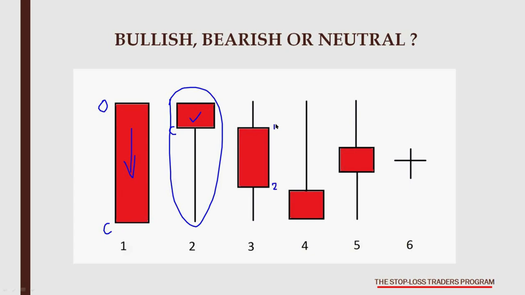This is the close and this is the open. The open is always below the close in a green candlestick because it indicates buying pressure. The close was above the open. So it is a bullish pattern as the stock opened almost near its low and closed almost near its high. Can I say that, friends?